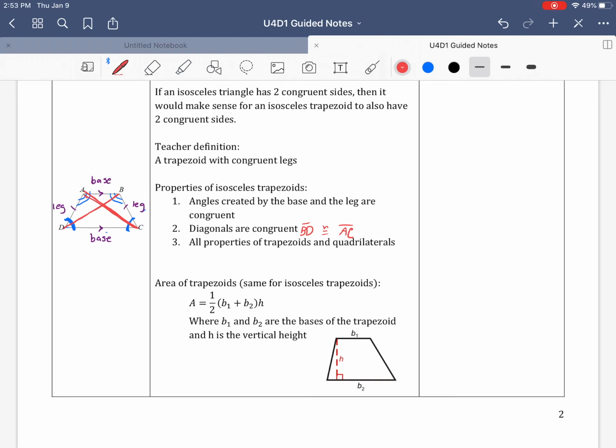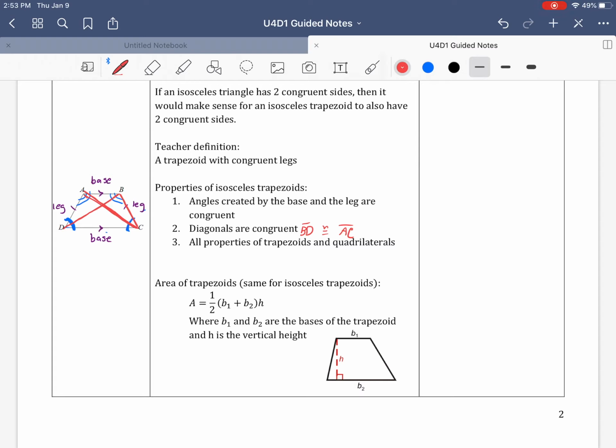And then any properties about trapezoids and quadrilaterals also apply here. So some of those include your adjacent angles, if they're along a leg, are supplementary, and that your bases are parallel, and when you add up all the angles, they equal 360 degrees. Things like that also apply to isosceles trapezoids.